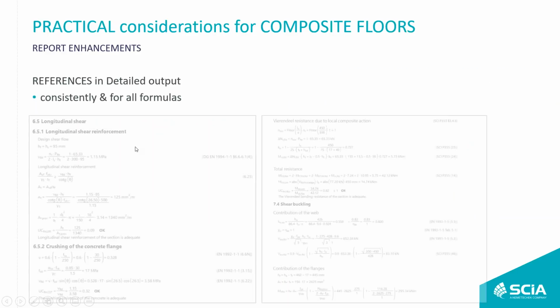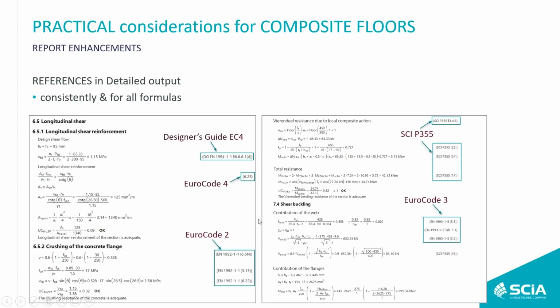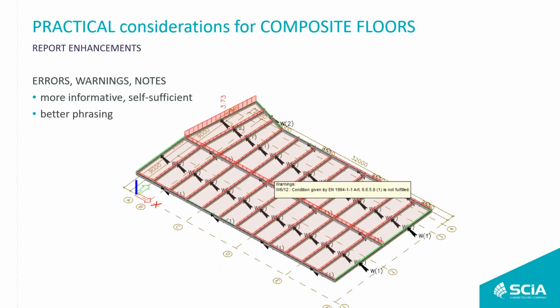Now, the references in the detailed output in the composite checks are quite important because these checks use many different documents, and it was really hard to follow where each formula was coming from, especially because the name of the norm was not used, just the formula, and it was very confusing. So in version 19, this is significantly improved.